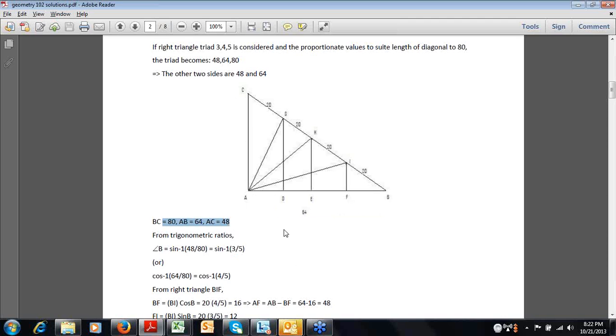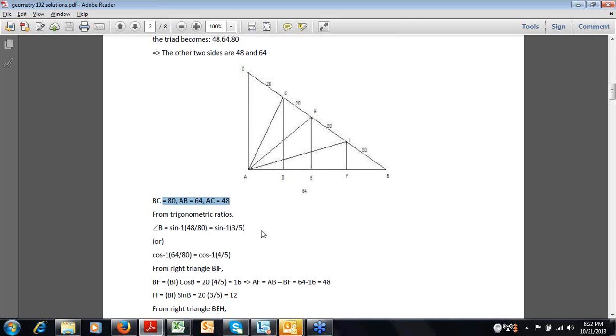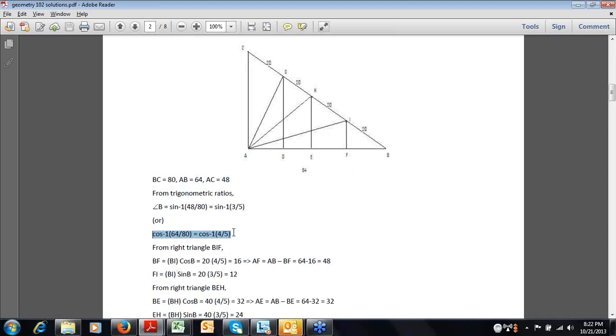Now we can use the ratios directly. Angle B will be sine 48 by 80. So we can calculate angle B, or we can say cos inverse 64 by 80, which is equal to cos inverse 4 by 5.